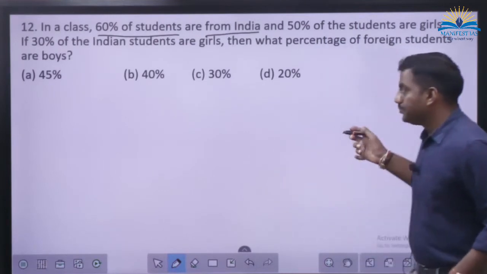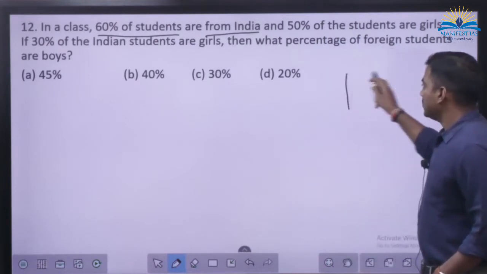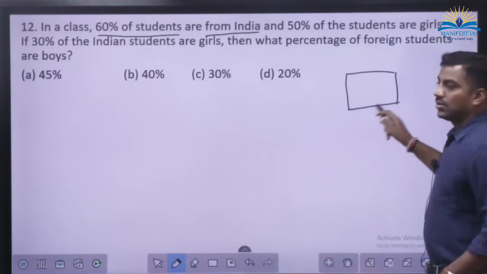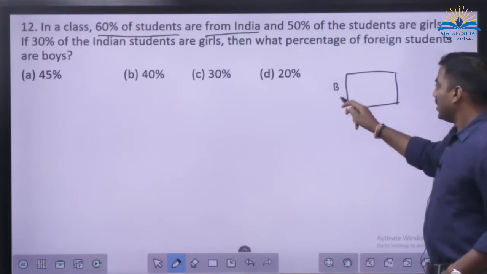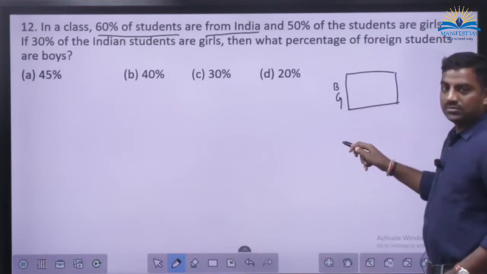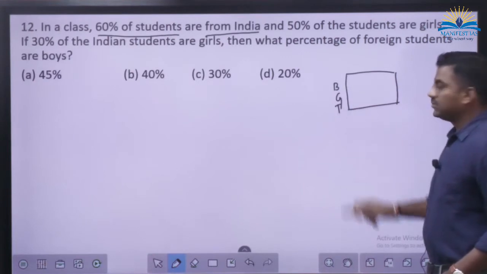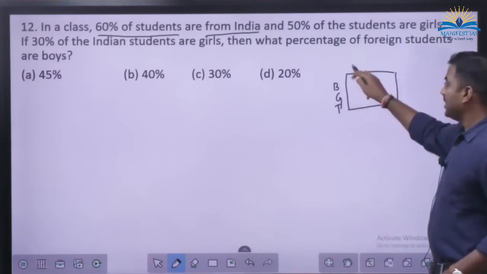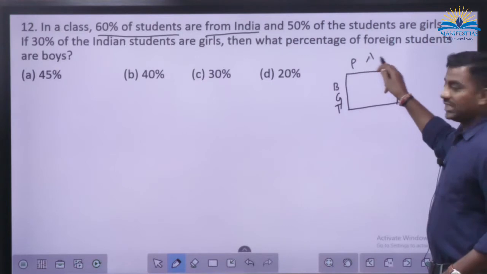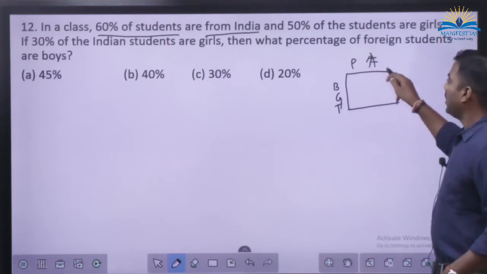See, in your school, one is boys, another is girls, another is total. Here present, absent, and total, no?